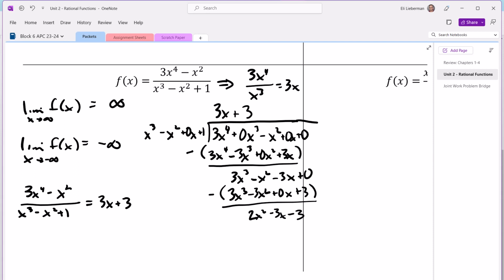Remainder: 2x squared minus 3x minus 3 over x cubed minus x squared plus 1. This is like mixed number form. When you're doing a mixed number, it's that number and you write the remainder over the original divisor. Exactly the same thing.